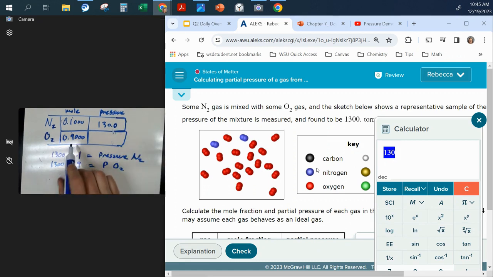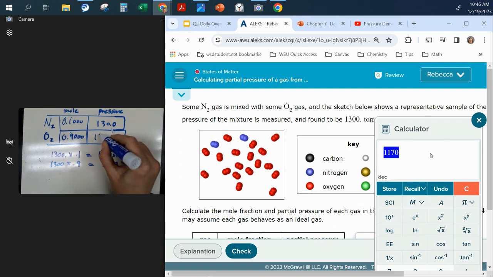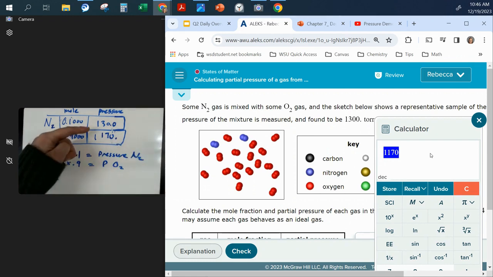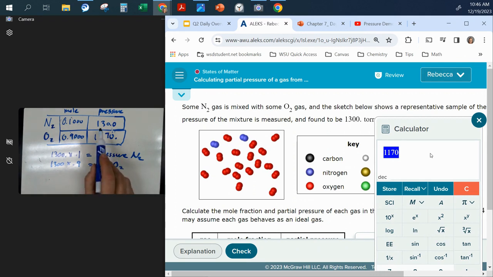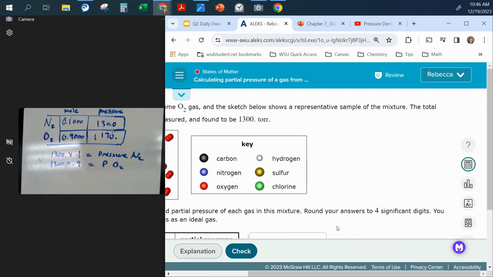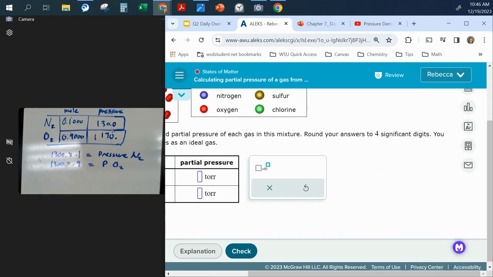And then this one, 0.9 times 1300 is 1170 with a decimal. That also has 4 sig figs. These should also add up to give you the total pressure. So 1170 plus 130 gives me 1300. Yes, that's true. So that's another way to check, make sure you're on the right track.